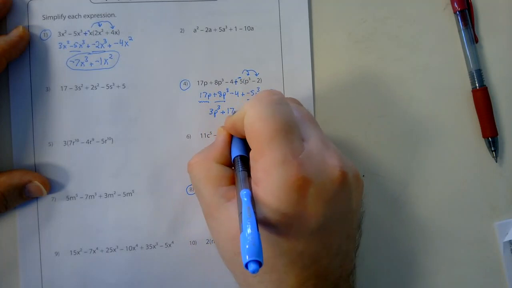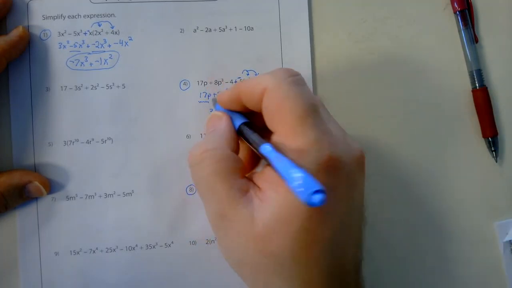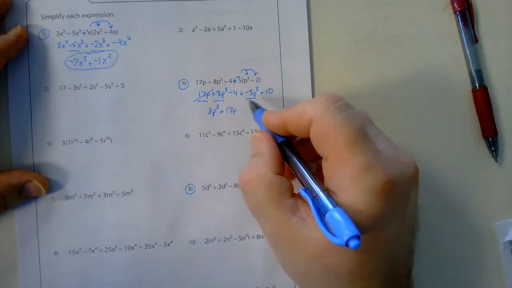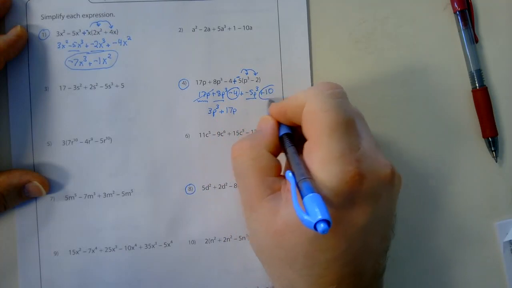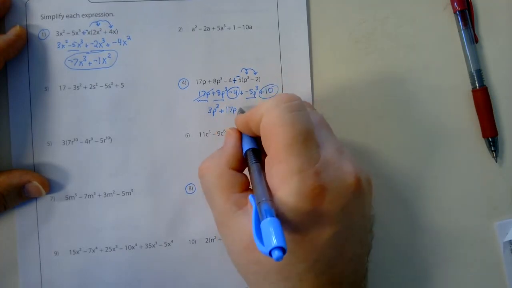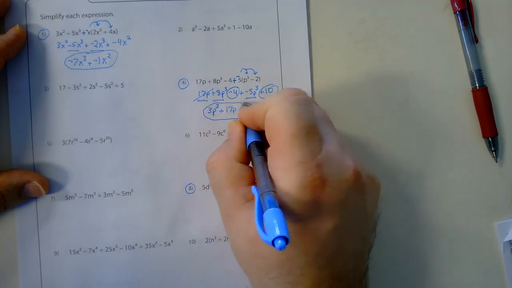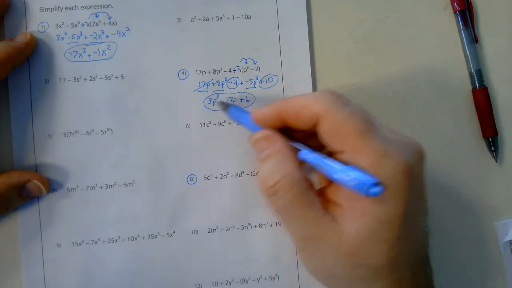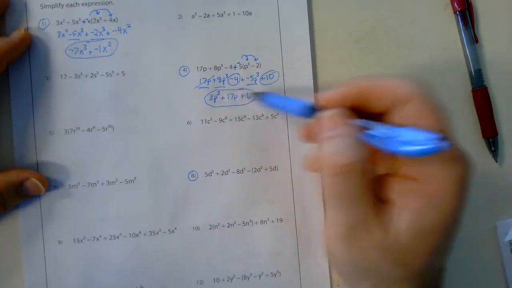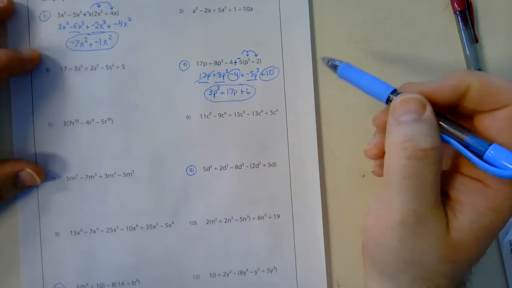And that is the only term that has a p all by itself with it. So that takes care of the 17p. Now I have this minus 4, positive 10. Put those together, it gives us plus 6. So now I have a trinomial for a final answer. So again, go back through, look at how we did that, and notice the three different terms that we have.